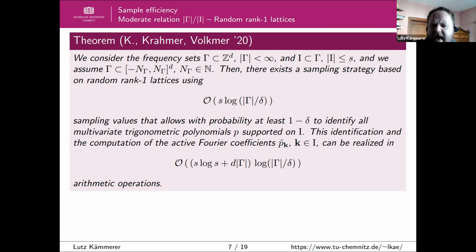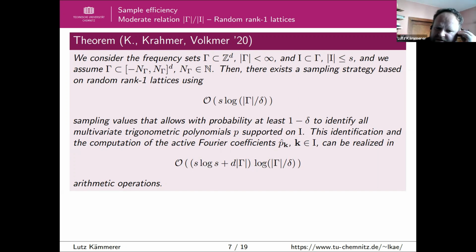That has only s times the logarithm of gamma sampling nodes, and you use only those sampling values in order to identify this multivariate trigonometric polynomial P supported on I. You identify the frequency set, and with a median argument, you can also estimate the Fourier coefficients.